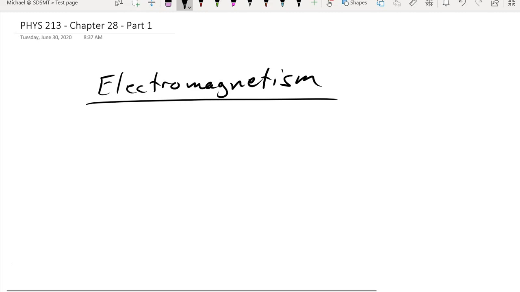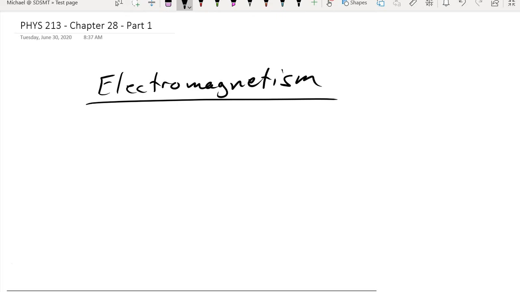And usually when you hear about electricity or magnetism, the two topics are kept separate from one another, even though they're really two sides of the same coin. Where you have one, you're going to have the other, but which one you see the effects from has everything to do with how the system is set up, how the geometry of your system is set up.